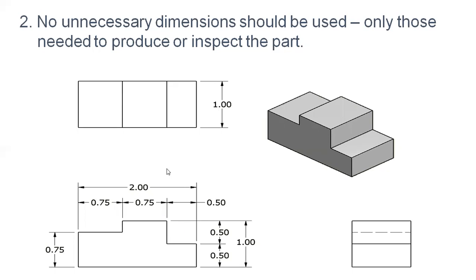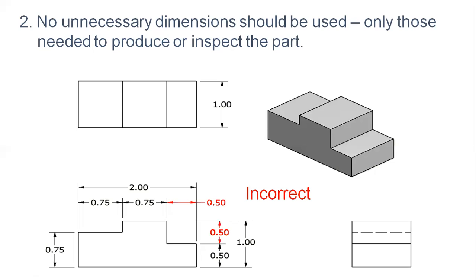If you see the top view, it says that the overall length of this particular component is 2 mm, and it is divided into 0.75, 0.75, and the remainder 0.5. So the dimensions are repeated again. This is an incorrect way of dimensioning.